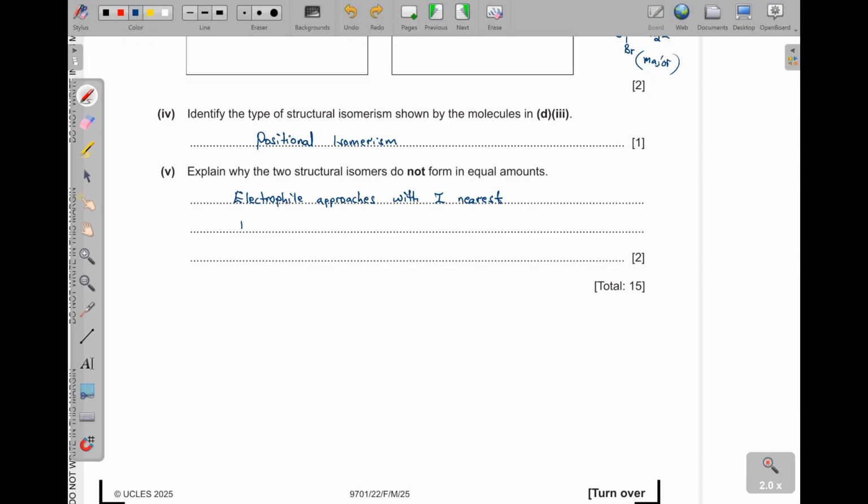You say that iodine and bromine have different electronegativities.